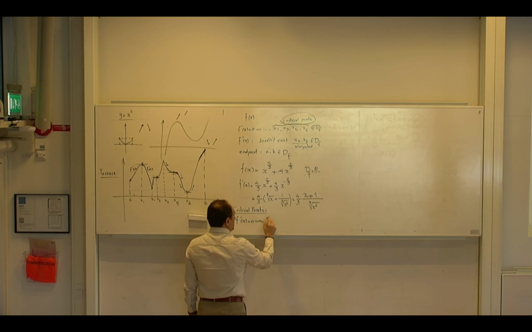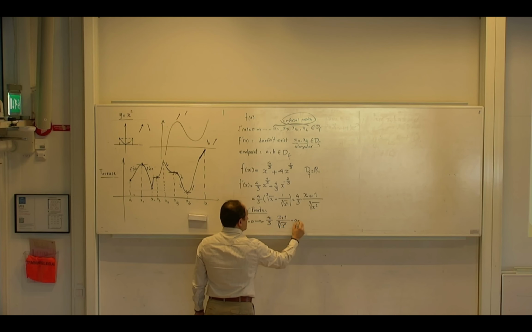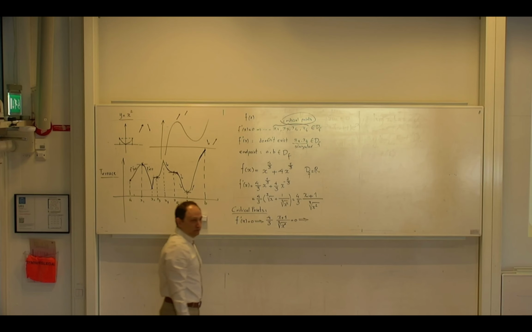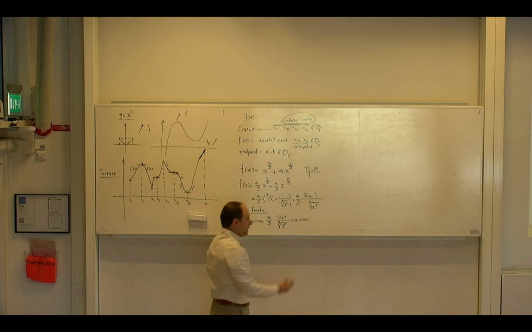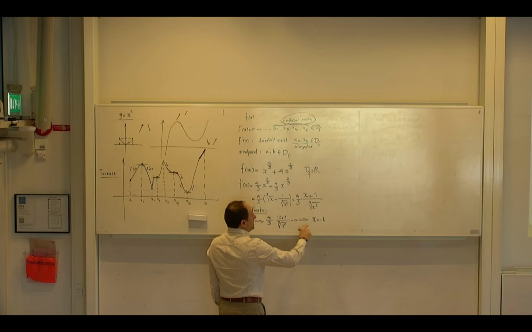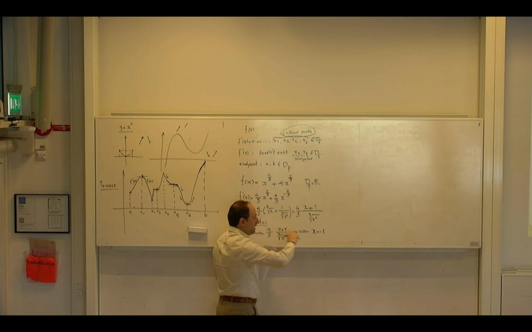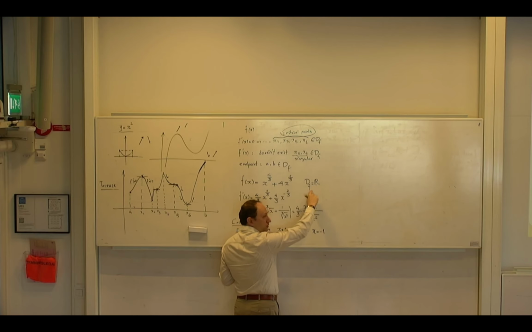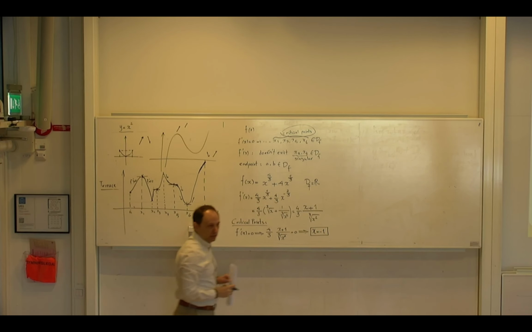So this means that 4 over 3 times (x plus 1) over the third root of x squared is equal to 0. So what is the answer now? I want this fraction to be 0, so its numerator should be 0, and x becomes equal to minus 1. But I just want to make sure that you be careful. Sometimes you get something which is not in the domain. Of course, here the domain is R, so you don't need to be sensitive about that, but you have always to check if this is in your domain or not. Yes, it is, so this is the only critical point I have.